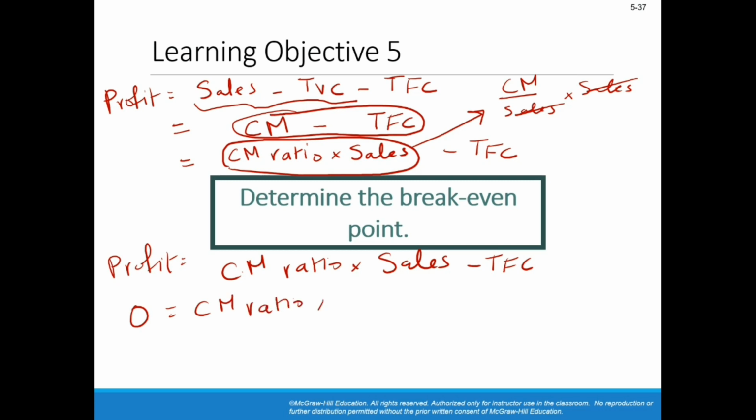So it's the CM ratio multiplied by sales minus total fixed cost, and therefore sales to break even is equal to total fixed cost divided by CM ratio.